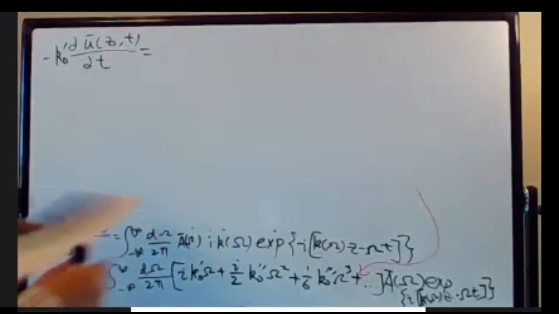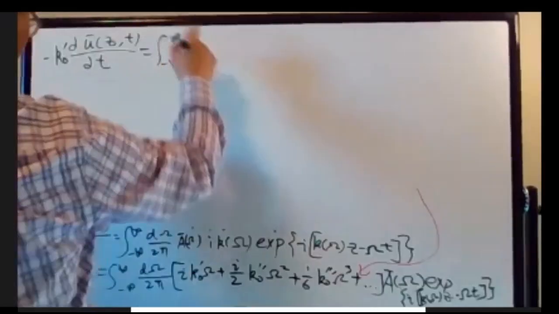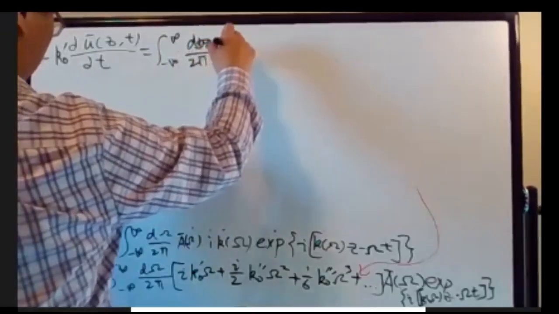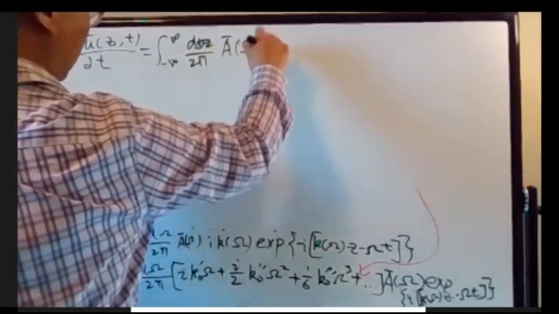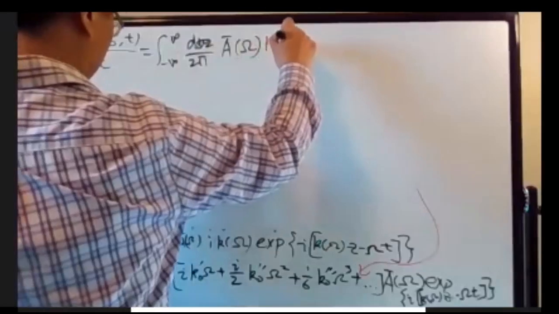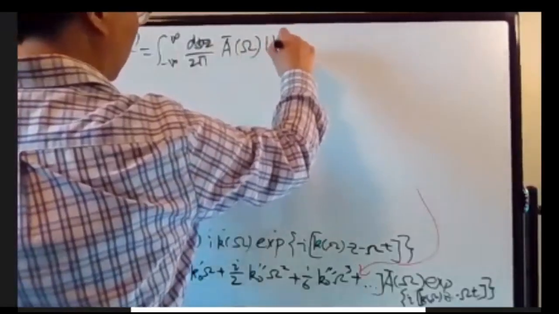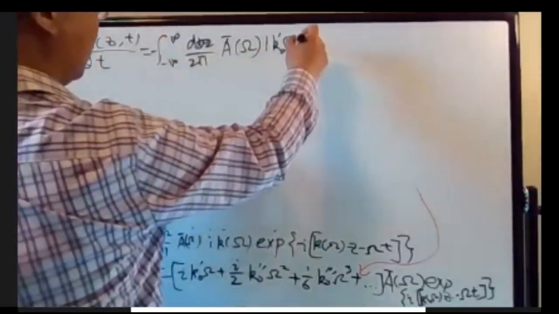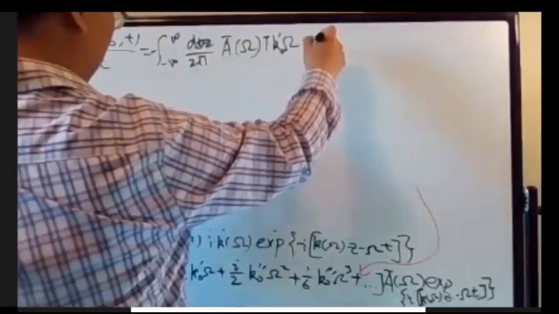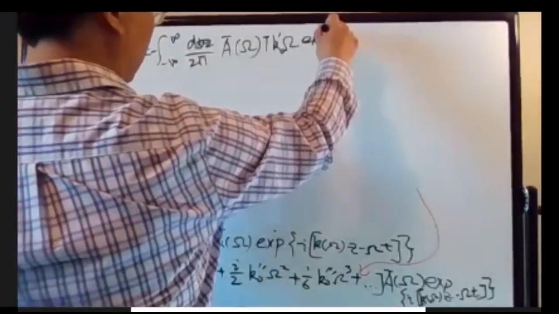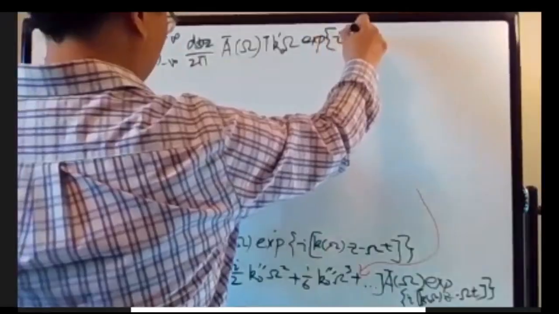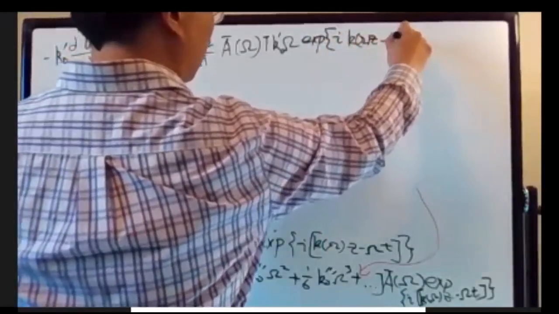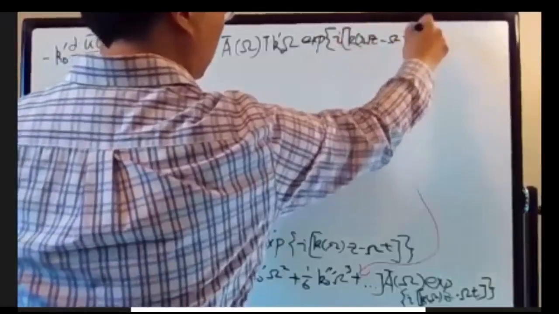The integral from negative to positive infinity, d omega over 2 pi, a bar omega, i omega negative k naught prime, so we have a negative, yes, times the exponential i k omega z minus omega t, and also in parentheses.